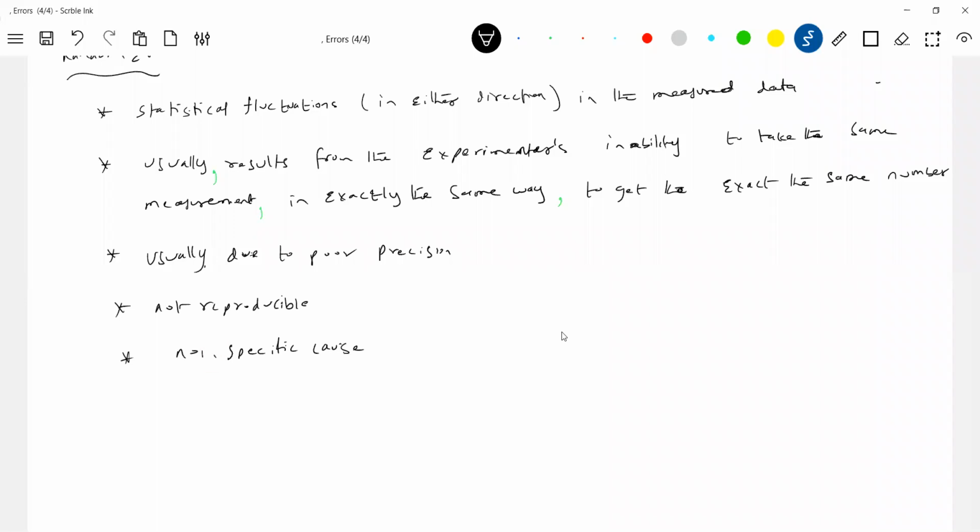We don't know the reason for that. A result is said to be precise if the random error is small.